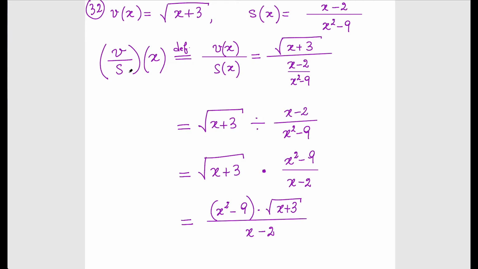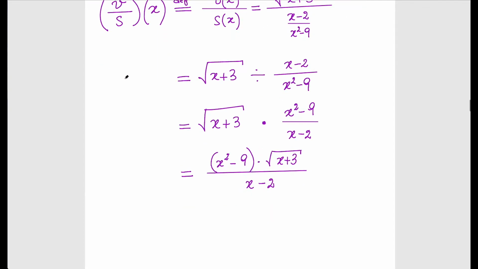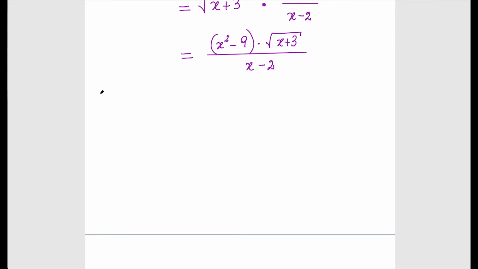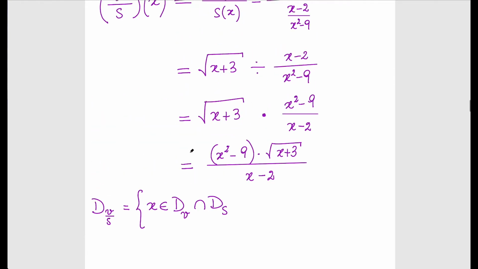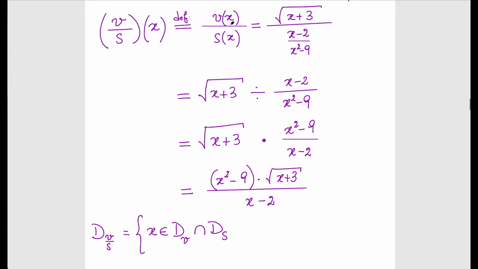Now we need to find the domain of v over s, right? And we discussed this a couple of times above. The domain of the quotient function v over s is the collection of numbers that live in the domain of v and in the domain of s, because you need the numerator to make sense, the denominator to make sense, and the denominator should not be 0, and the denominator is s of x, correct?